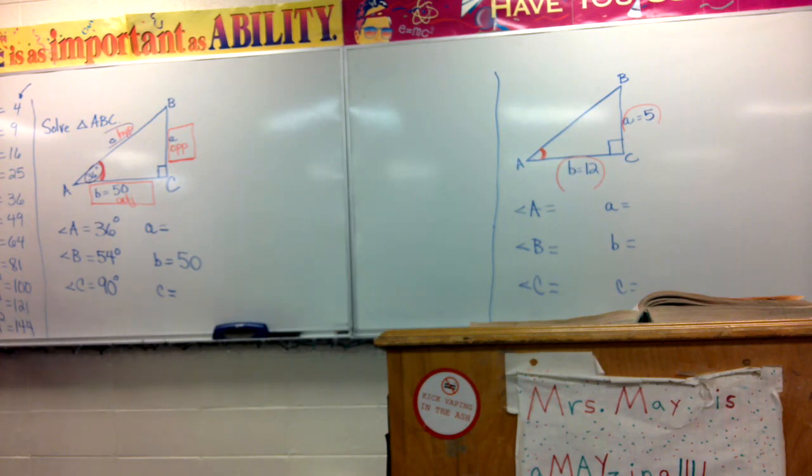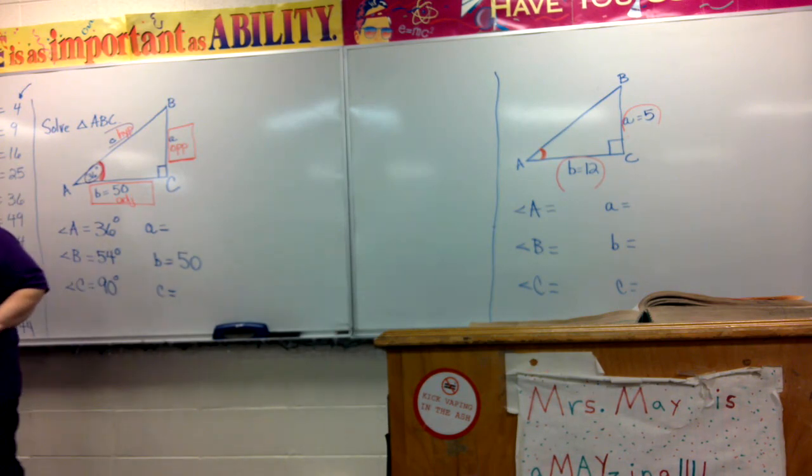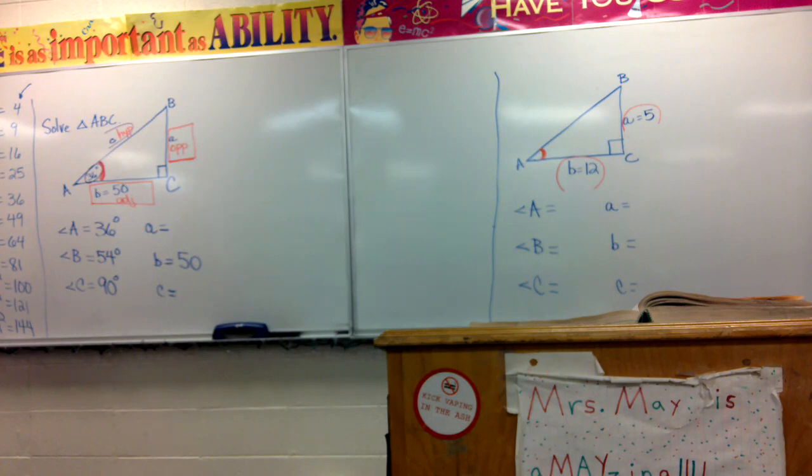So you got all the angles. Now we need to find the sides. If I knew one more side, I could use the Pythagorean theorem. So we need to find one more side.